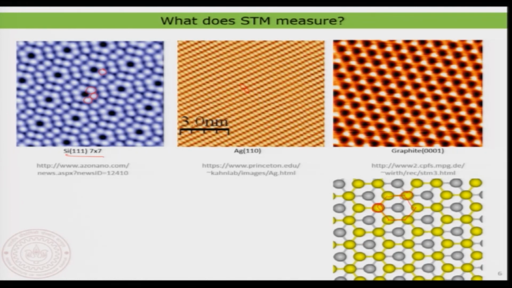The one which I am marking with red is an atom that has a neighbor in the second layer, but the atoms that I have marked here in blue are those atoms which have no neighbor in the second layer. Therefore, in STM what you find is always some kind of a triangle, and the dots here are nothing but the atoms that have a neighbor in the lower layer.